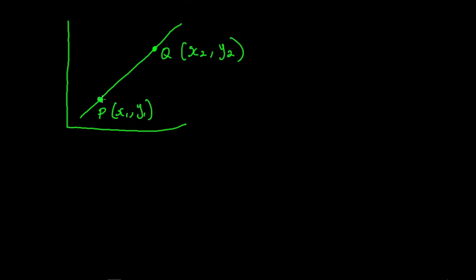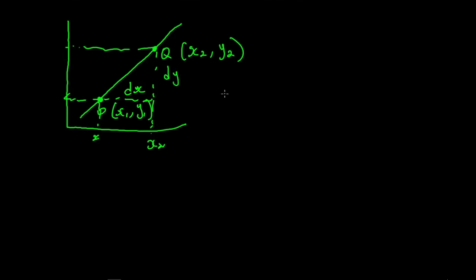The difference between the x values, x1 and x2, can be termed the change in x, while the difference between the y value of P and Q can be termed the change in y.